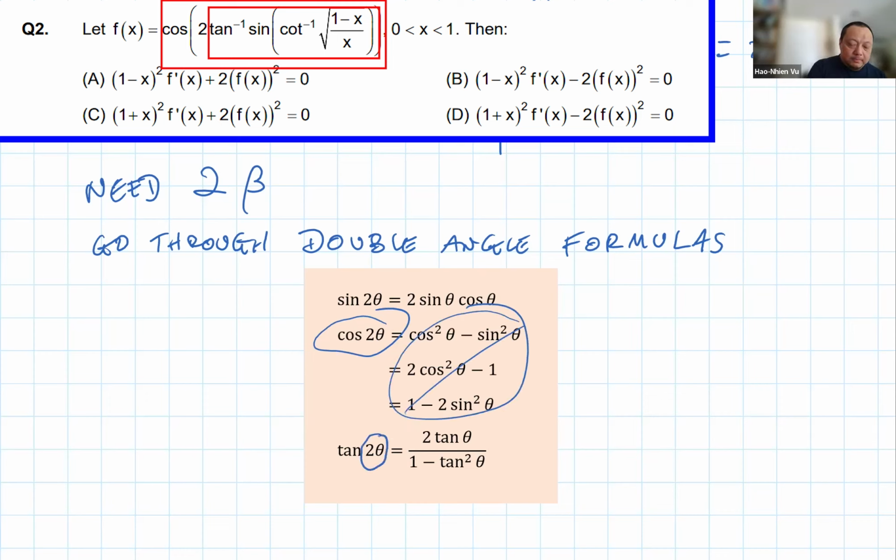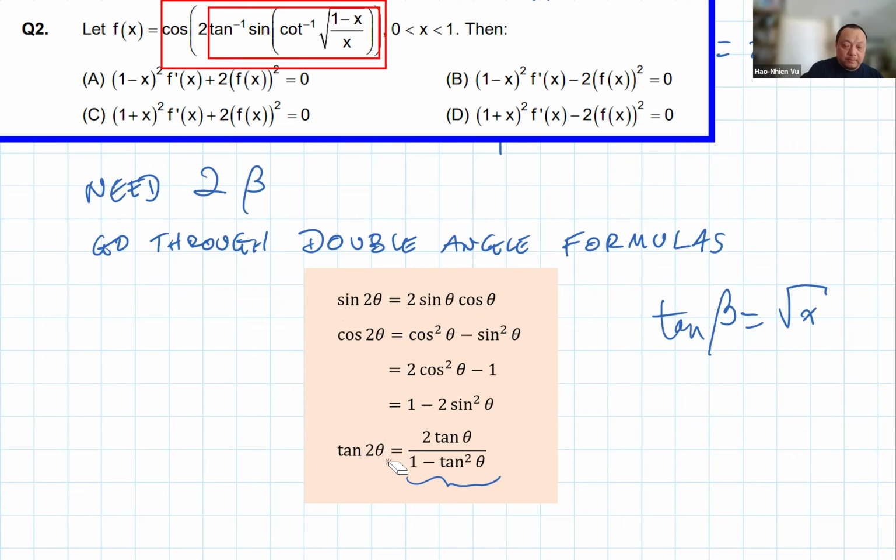Because then 2 times beta would be the arctangent of this expression, and it all consists of tangent of beta, and we know what tangent of beta is. Tangent of beta is equal to square root of x. So that's the helpful formula. That's the formula I will use.